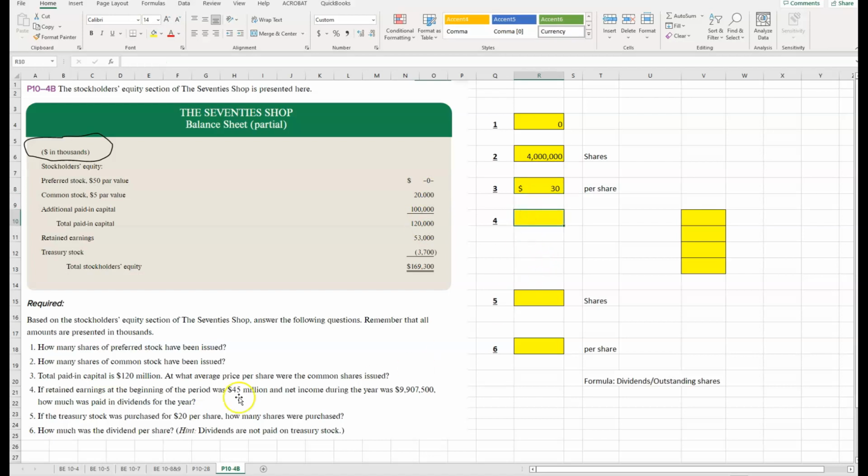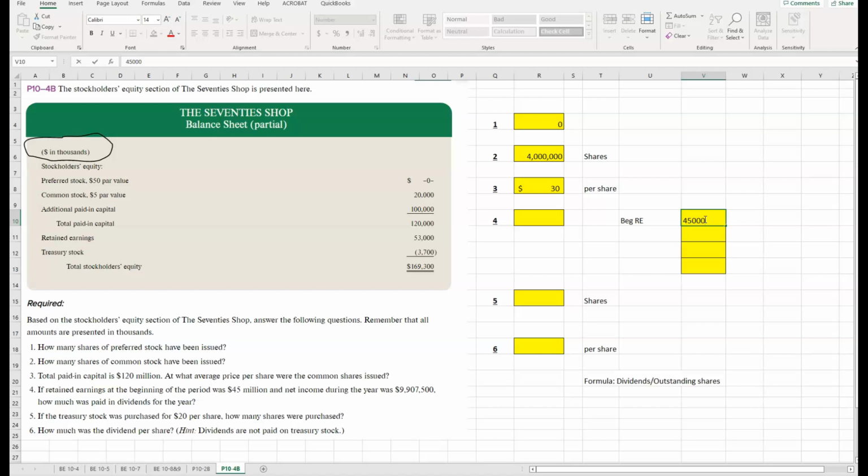4. If retained earnings at the beginning of the period was 45 million and net income was 9,907,500, how much was paid in dividends for the year? Well, we want to look at this. So retained earnings, let's say beginning retained earnings, and they told us that was 45 million.